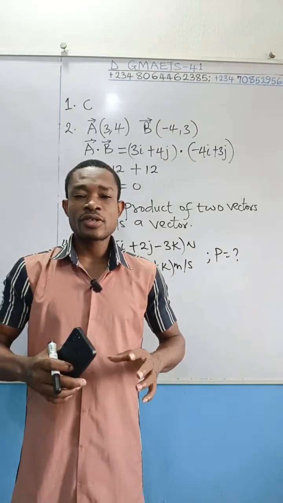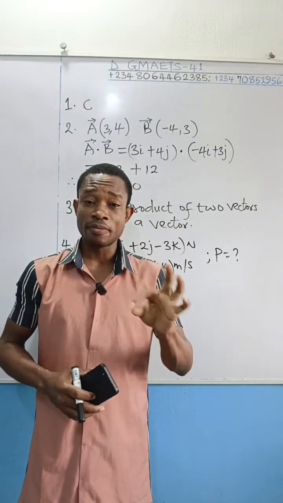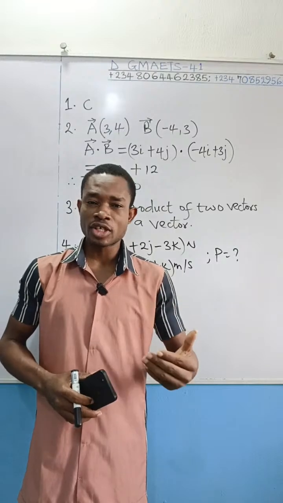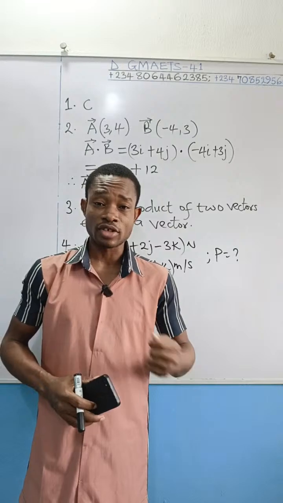When studying scalars and vectors, in multiplication of vectors, there are two ways you can multiply vectors. You can do either dot product, also called scalar product, or cross product, also known as vector product.